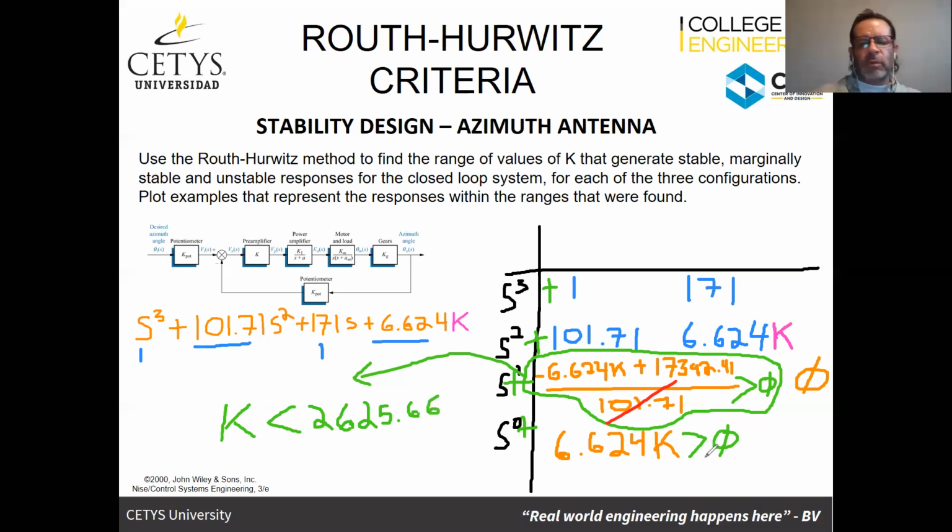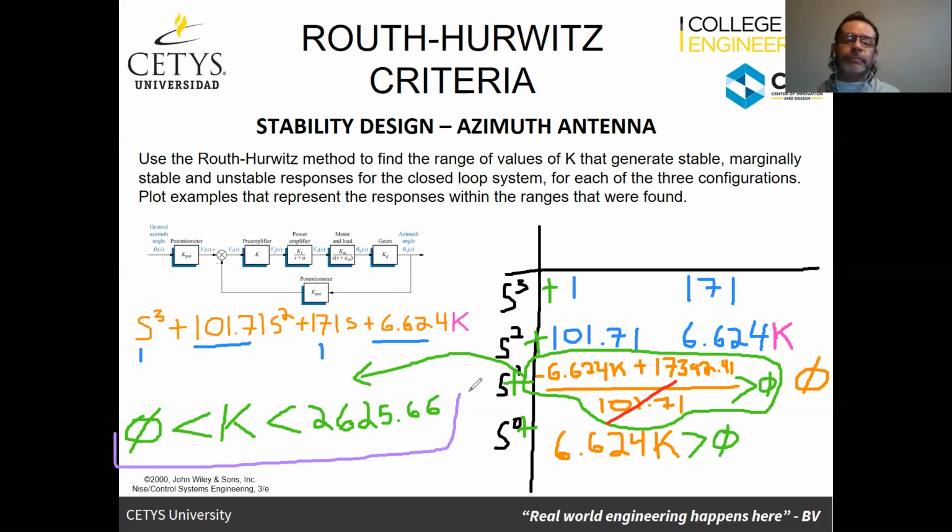And combined with K being larger than 0, K would have to be within that range for the system to be stable. That's assuming that we didn't make any mistakes with the calculations. Assuming we didn't, the range of K for stability should be within this range that we have here.